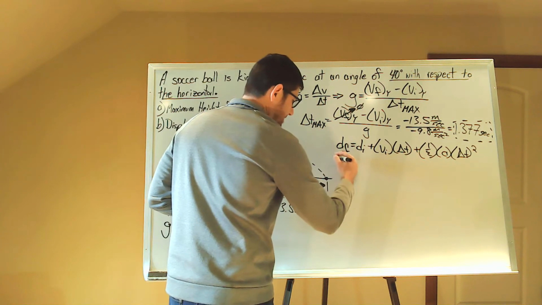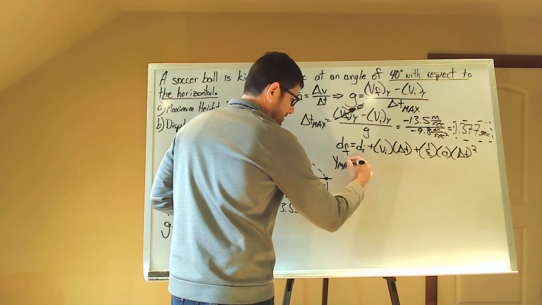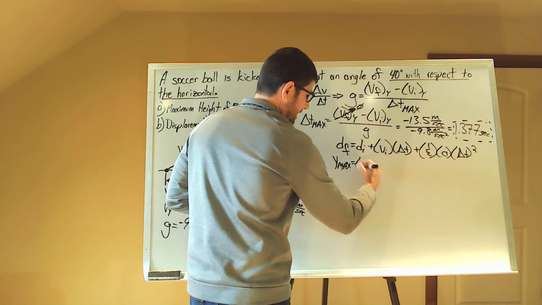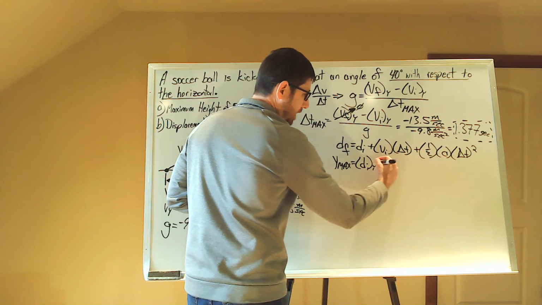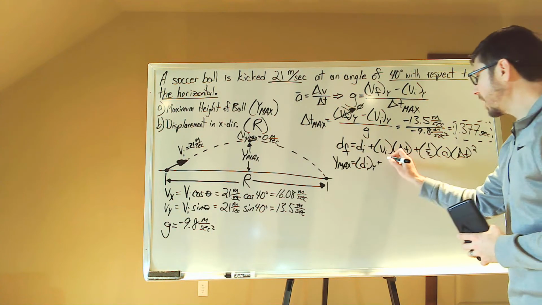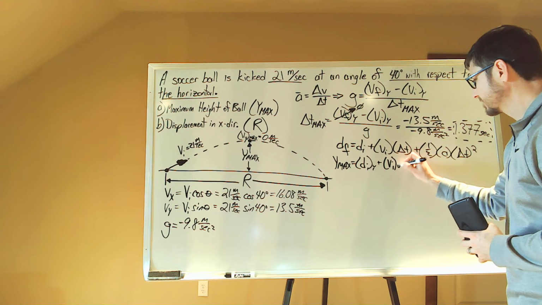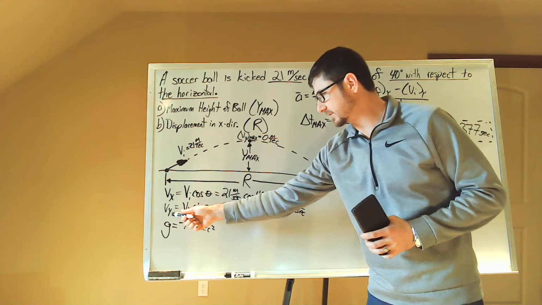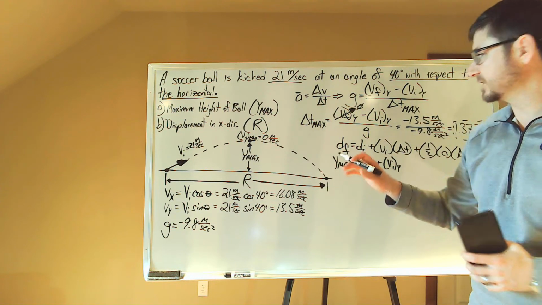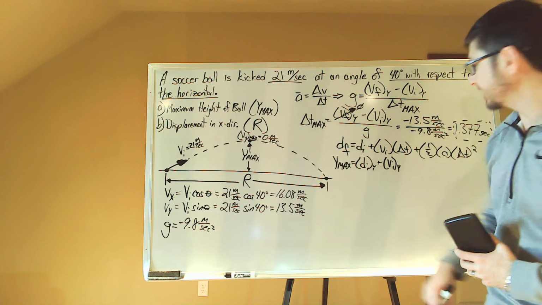So y max is equal to the initial displacement in the y direction, so d sub i sub y, plus the initial velocity in the y direction, which you've already calculated right here at 13.5. But I'm going to finish writing the equation and then we will plug in our values.